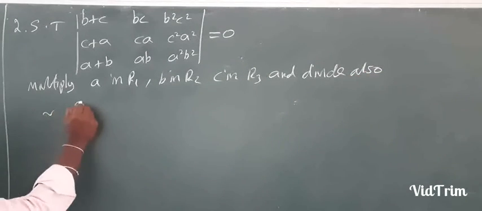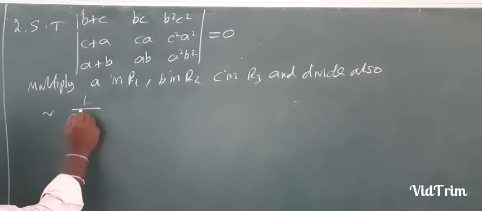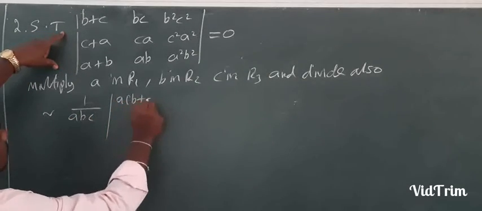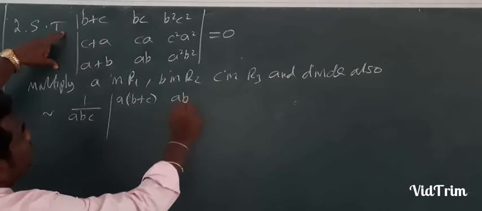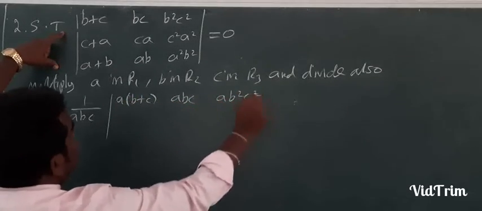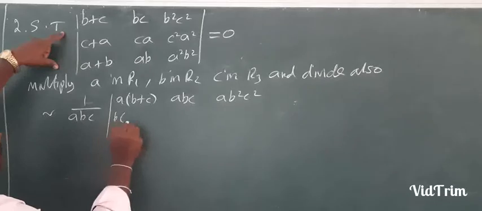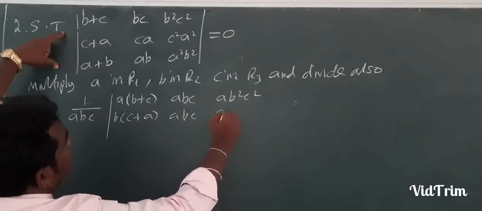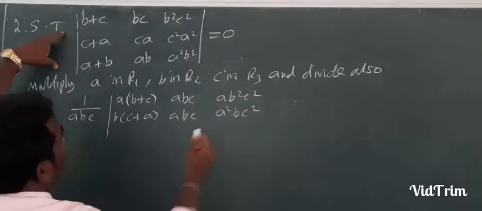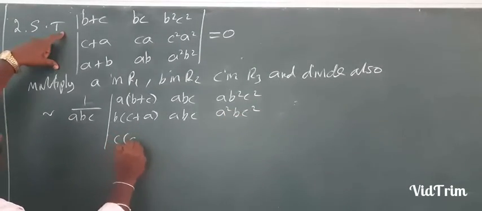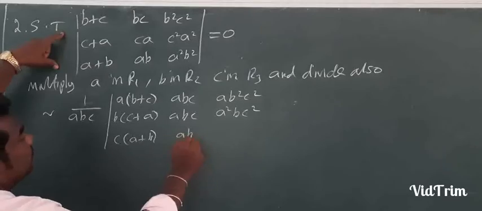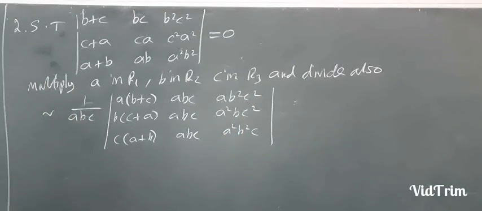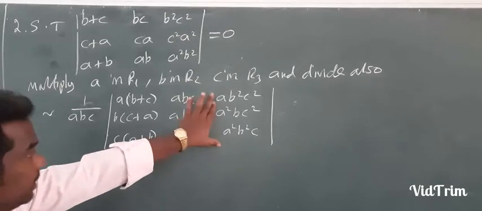That is 1 by abc we divide, and multiply the first row: a into b plus c, this is abc, a into b square c square; here b into c plus a, here abc, and a square b c square; then c into a plus b, here abc, a square b square c. Now here abc is common, here also abc common.